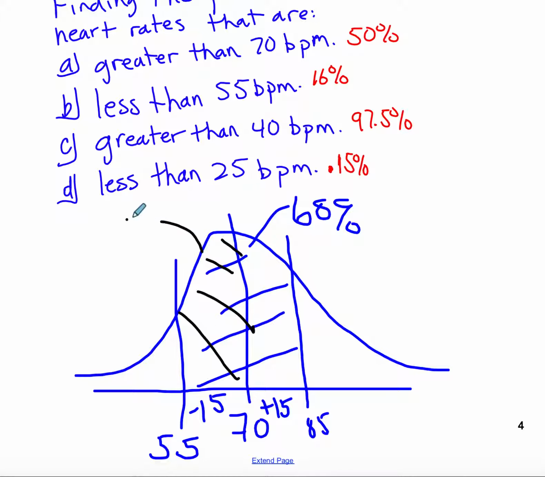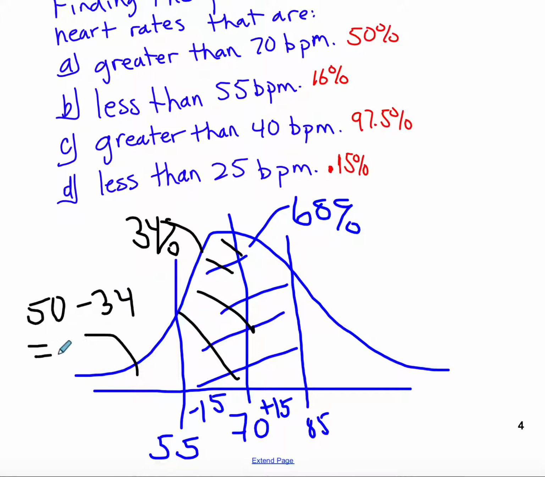So half of 68 is 34%. Now, because of symmetry again, half of the curve is below 70, just like half the curve is above 70. So half the curve is below 70. So if this is 34%, then this must be 50 minus 34. And that gives us 16%.